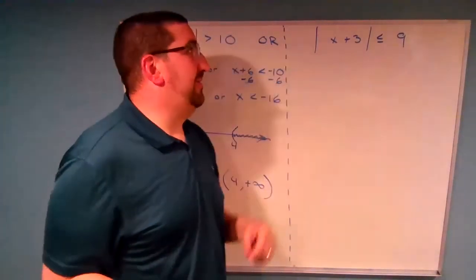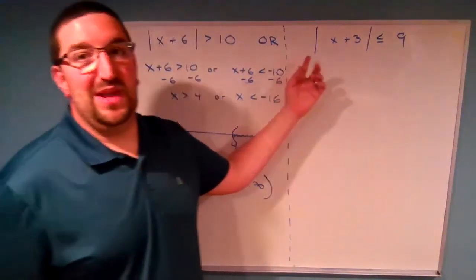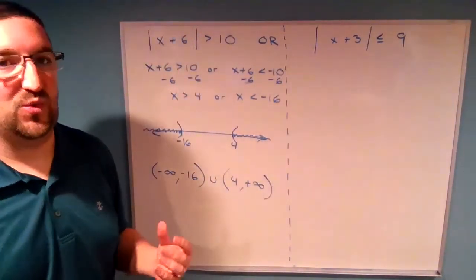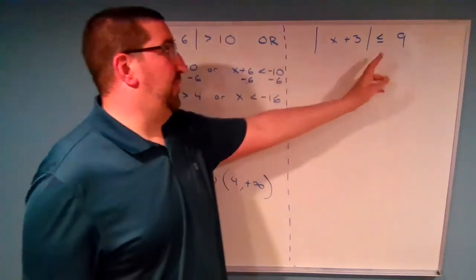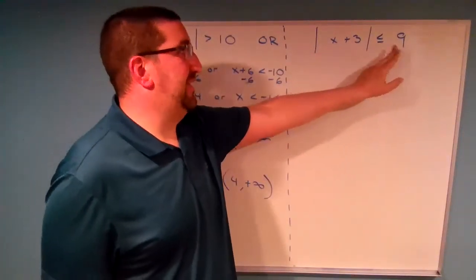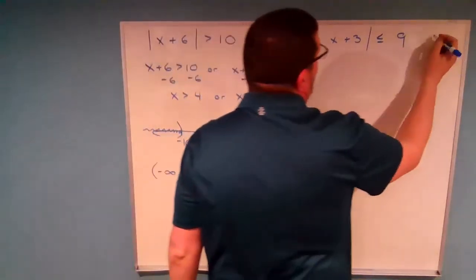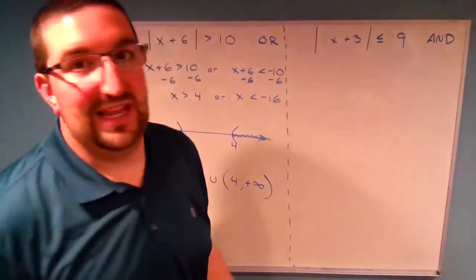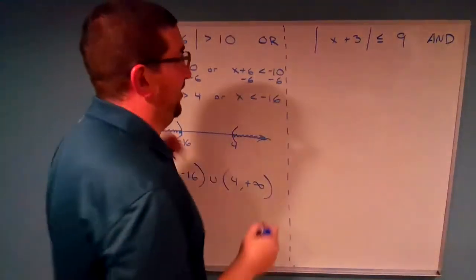Okay, our next problem, and our last problem, is we have the absolute value of x plus 3 is less than or equal to 9. So we have our absolute value isolated, and we're looking at a less than or equal to 9. So what we're going to be doing is we're going to be creating an AND statement. So an AND statement is a compound inequality.